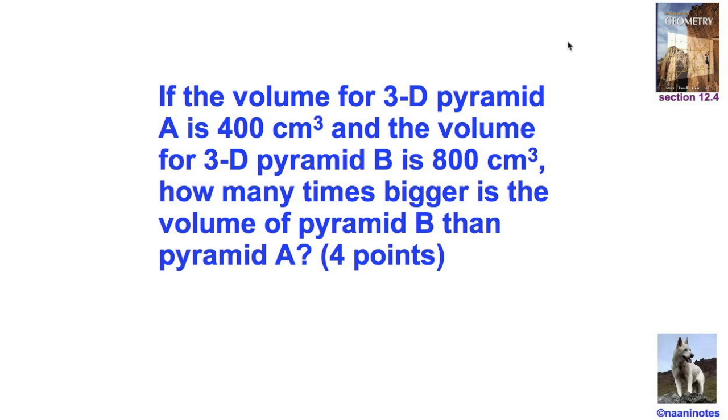All right, so you got these two solids, and if the volume of this one is 400 and the volume of this one is 800, and that is in a cubic measurement, how many times bigger? Nice, don't waste your time. It's twice as big. I mean, in this case, you're given volume. 400 to 800, you're doubling. So the volume is times 2. Corresponding sides are not, but the volume is double.